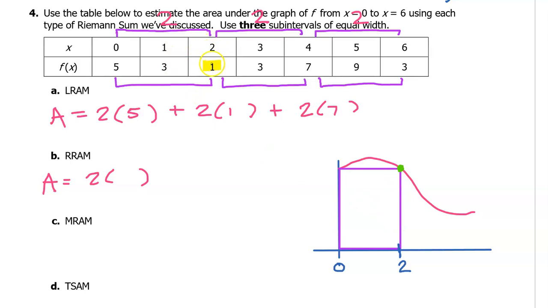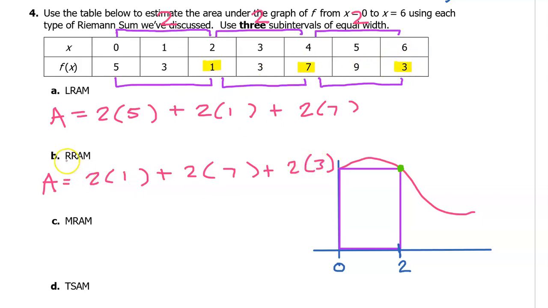So it's the value of the function at 2. So 2 times 1 will be the area of the first rectangle, and the area of the second rectangle will be 2 times 7, as we use the right value as the height of the rectangle. And then for the third rectangle, it will be 2 times 3. All we have to do is focus on the right value of the function as the height of the rectangle.